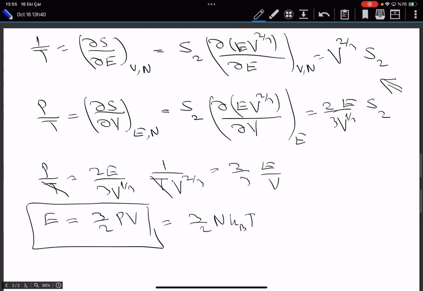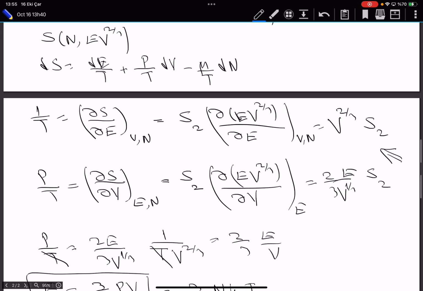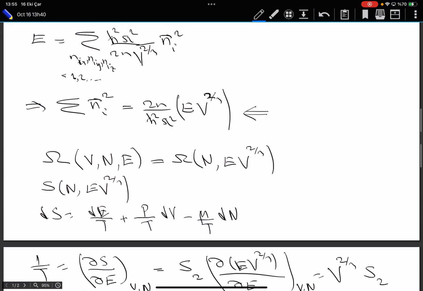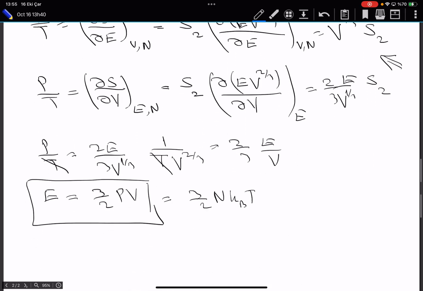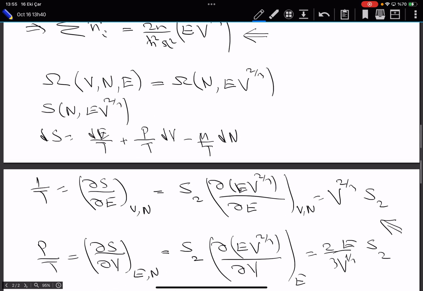And just keep in mind that I didn't yet do any significant computation. Just making the observation that entropy depends on that combination E times V to the 2/3 allows me to calculate the relation between energy and PV. And in an adiabatic process, I already know that E times V to the 2/3 is constant.